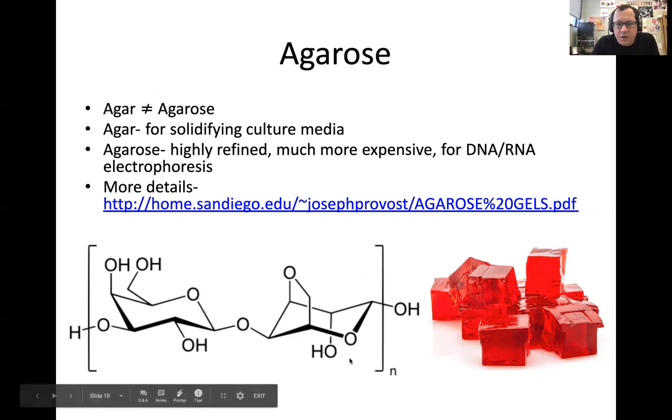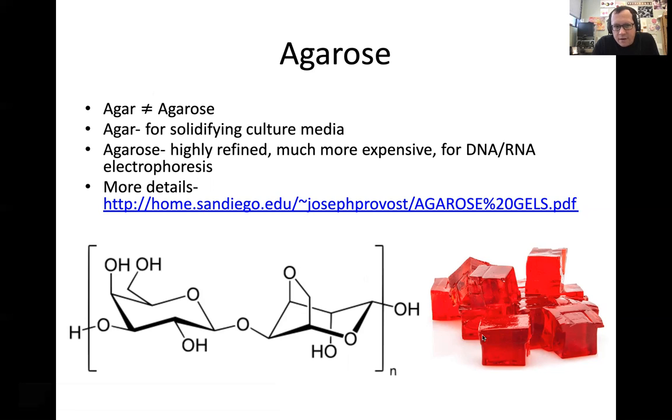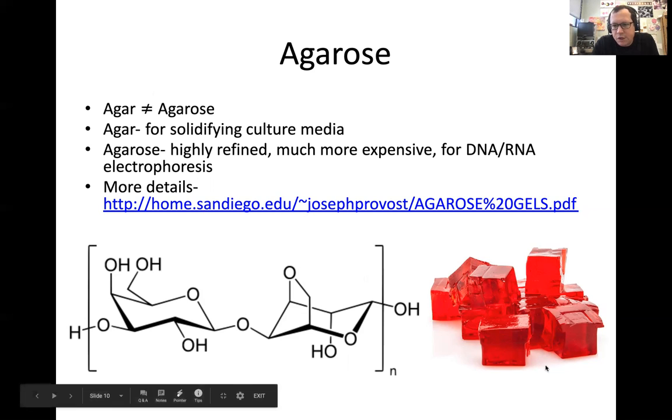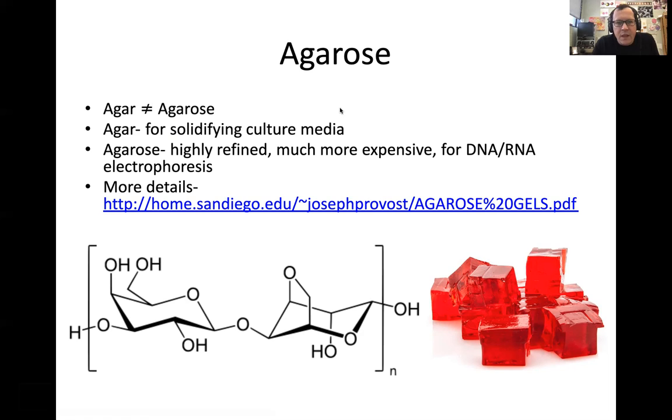Basically, if you have a high enough concentration of agar or agarose in a solution, it'll make something like a jello. Agar is something that we use for making bacterial or microbial media so that it's solid, so that we can streak out microorganisms on plates. It doesn't need to be very well refined in order to solidify.